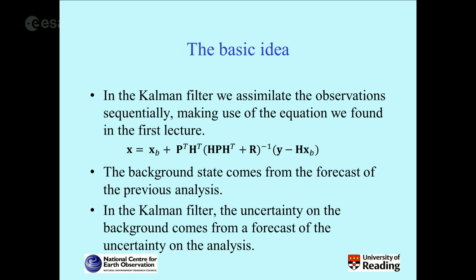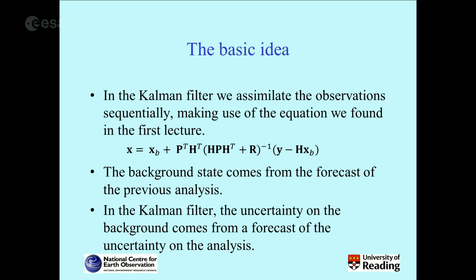In the Ensemble Kalman filter, we assimilate the observations sequentially. If you remember at the end of the last lecture yesterday, I showed the difference between sequential, so a filter, and a smoother. Now 4D var is a kind of smoother. We're treating all the observations together. In the Kalman filter, we're going sequentially through the observations.